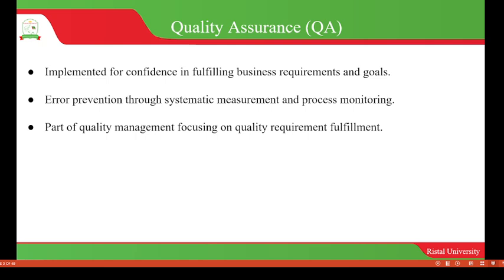And this is why we constantly monitor the processes, and we do measurements systematically, so that in case an error or a fault has occurred, it will be rectified with ease. We monitor the process so that errors do not occur, and this will give us the confidence that the goods and services that we are producing are going to meet the requirements.